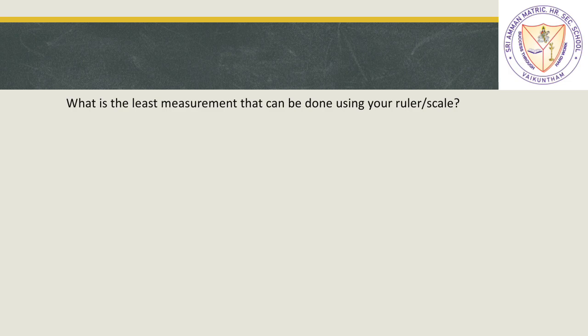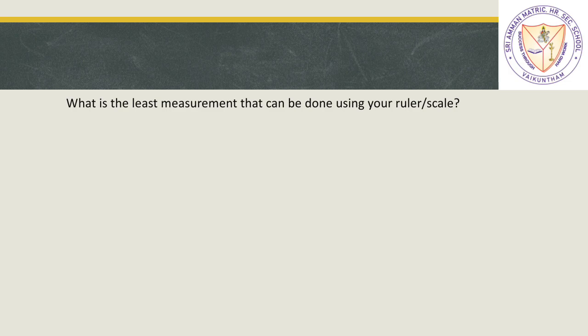Can you draw a line of 2 millimeter? Yes, you can. Can you draw a line of 1 millimeter? Yes, you can. Can you draw a line of 0.5 millimeter or 0.1 millimeter? No. So there is a limit to any instrument.